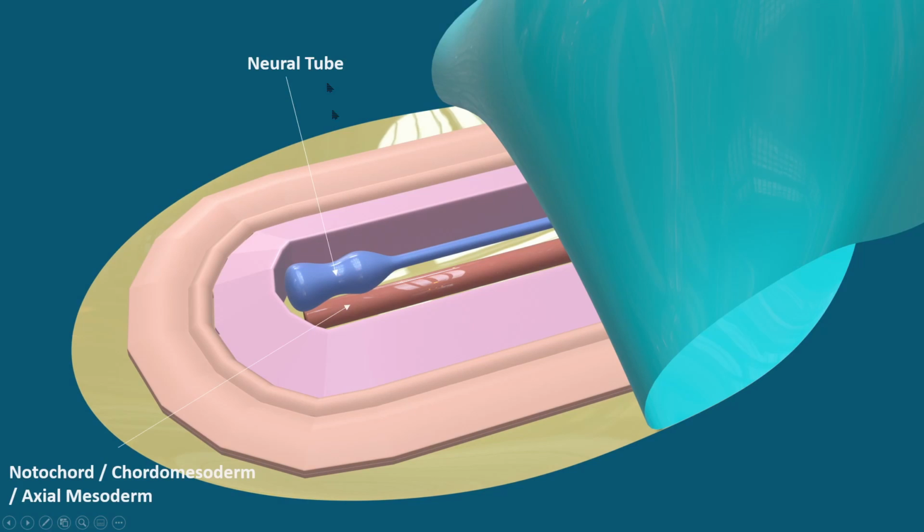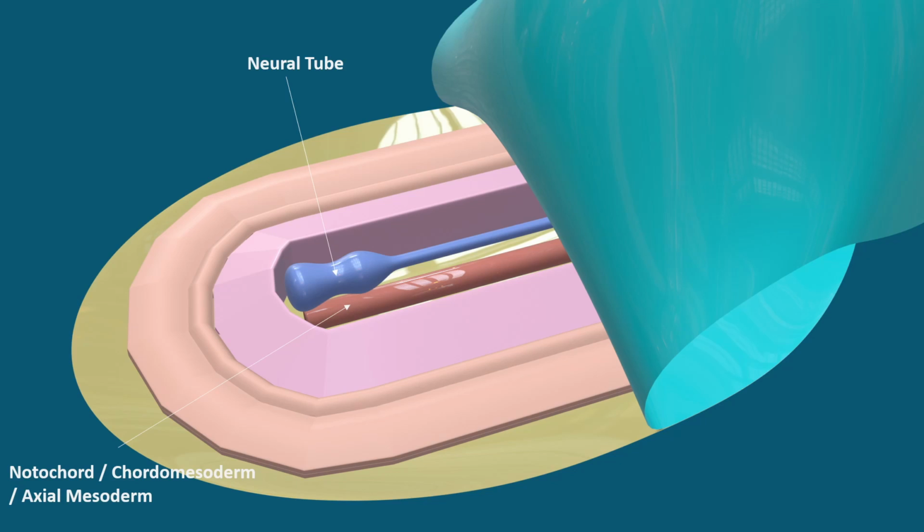So along with the neural tube, here is the notochord below this neural tube. This is the notochord, which is ventral to this neural tube. This notochord is also called chordomesoderm or axial mesoderm because it is lying in the central axis.